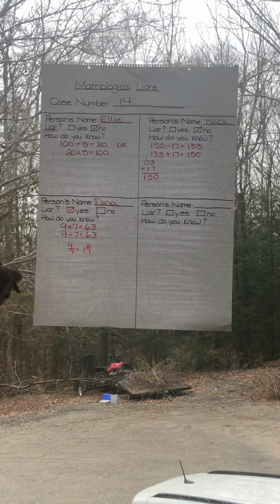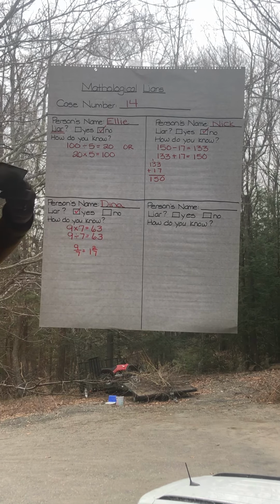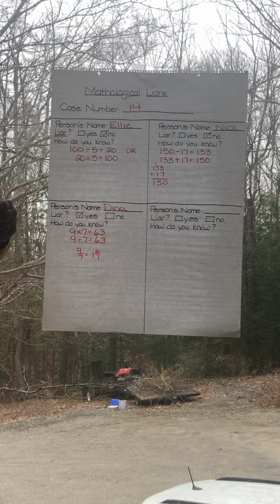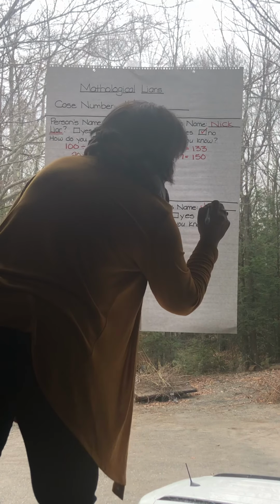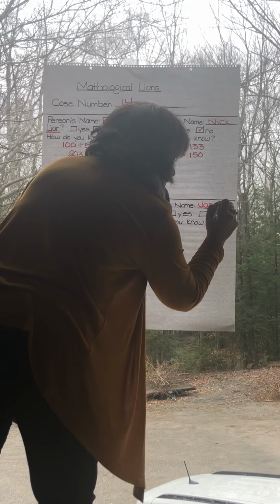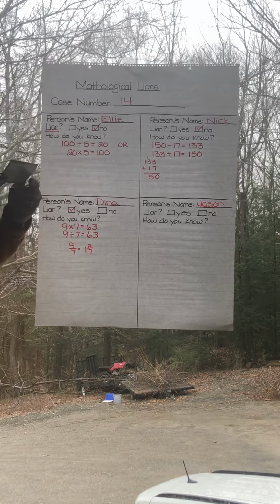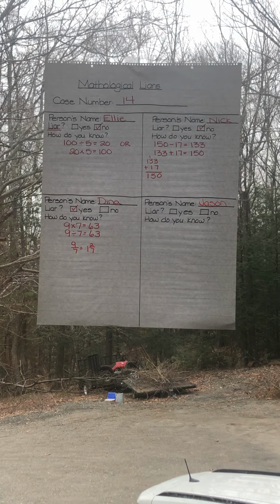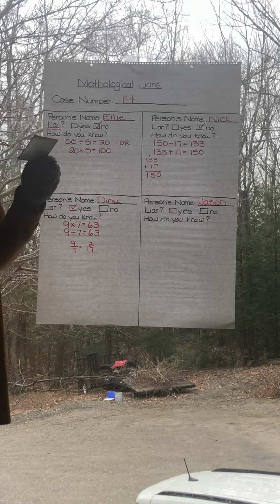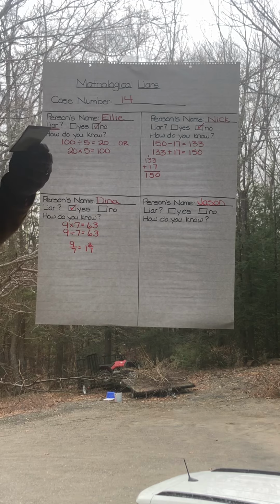We can't stop here though because we have to see if the next person, Jason, is lying also. So now we have Jason, and Jason says, I've been to zoos in 27 out of 50 states. I've never made a lion laugh.